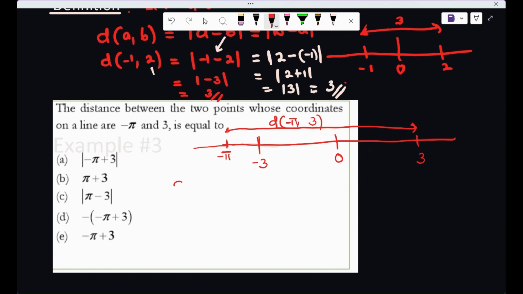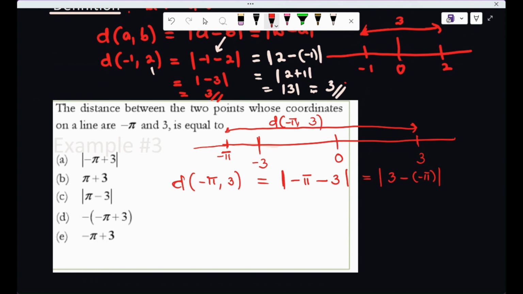Remember, the distance between -pi and 3, we can use any one. It is going to be the absolute value of A minus B. So you can say -pi, then minus 3. So this is the one we're using. You can use any one. And this also should be the same thing as 3 minus pi. We should arrive at the same thing, yeah.